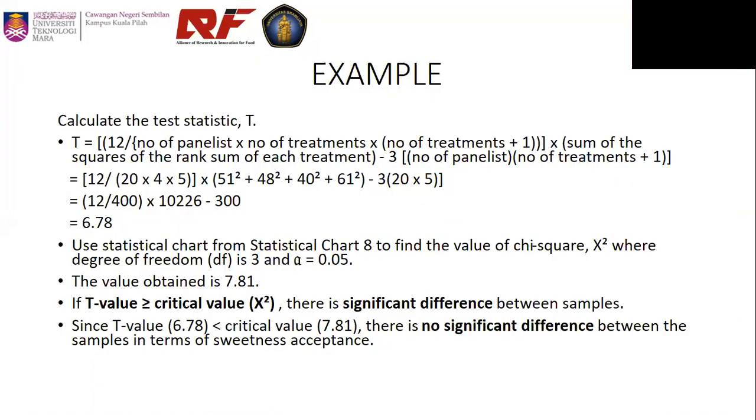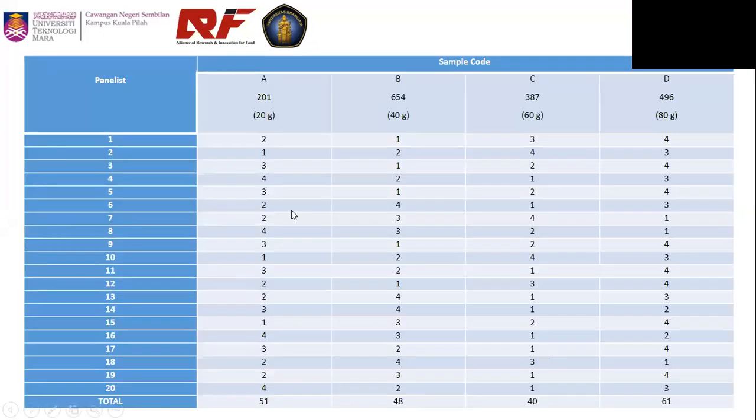The answer will be no significant difference, even though from our naked eyes, or from simple calculation, we can see the difference, 20, 40, 60, and 80. However, when we analyze scientifically, statistically, there is no significant difference.